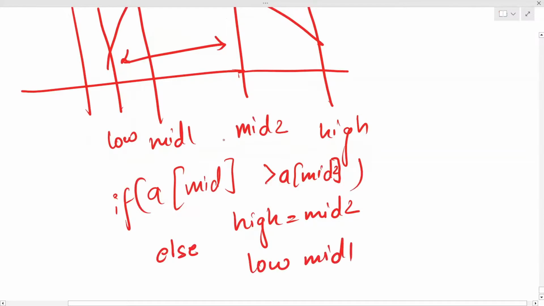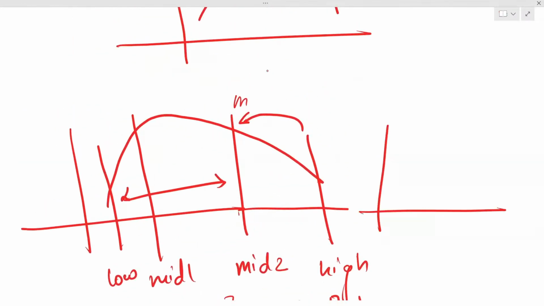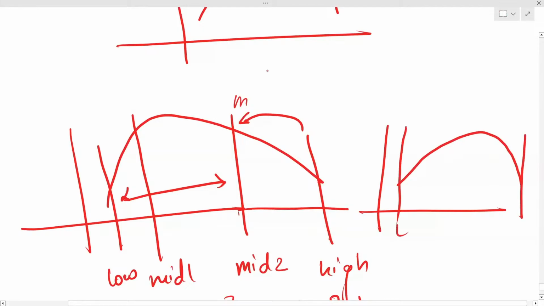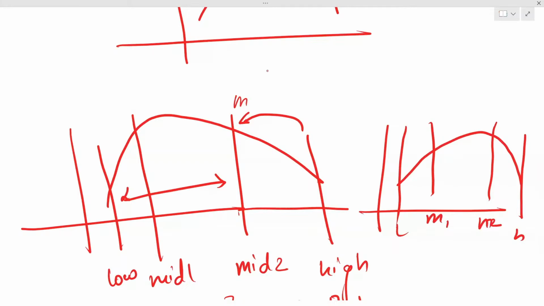Let me show you that case also. Here, this is my high, this is my low, this is my mid one, and this is my mid two. Since the value at mid one is less than the value at mid two, my low will come to mid one because the maxima is in this part now.